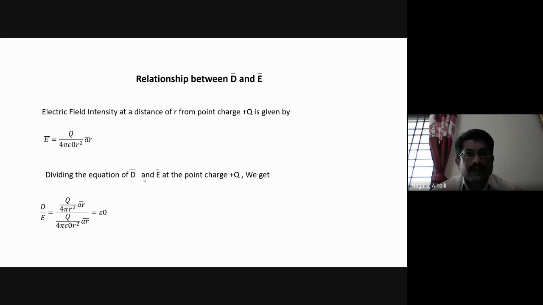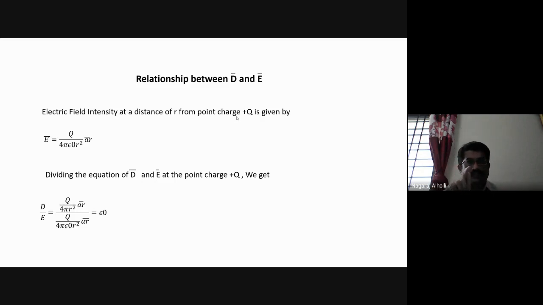Electric field intensity at a distance r from point charge plus Q. Let us say there is a point charge plus Q. From that point charge, if we consider a point at a distance r, what will be the electric field intensity?